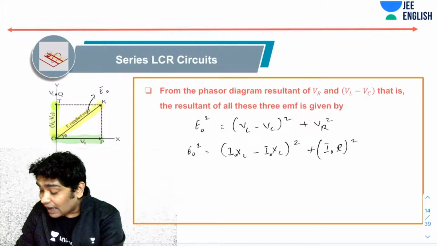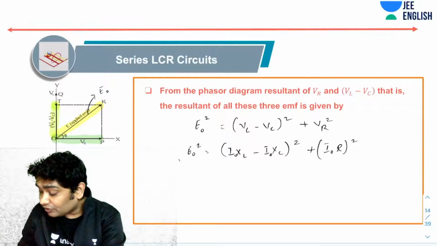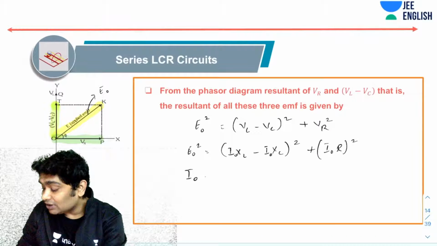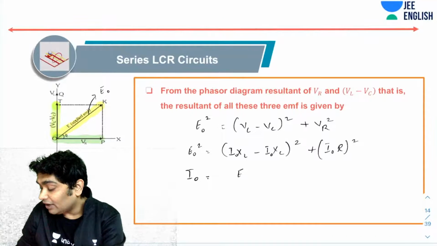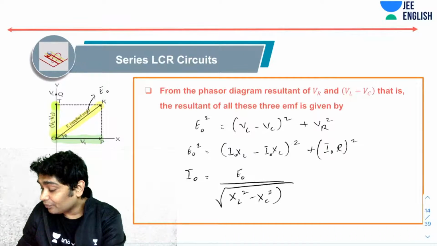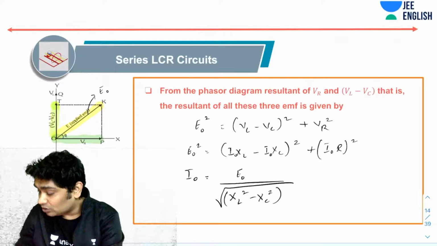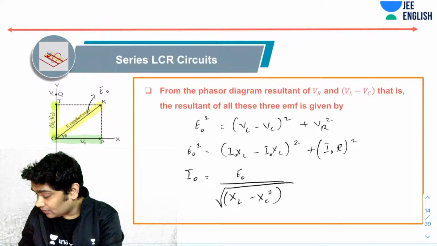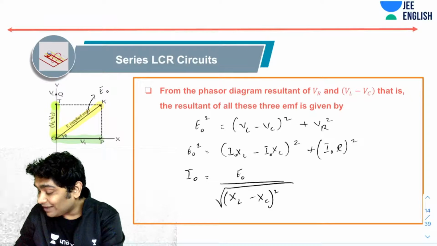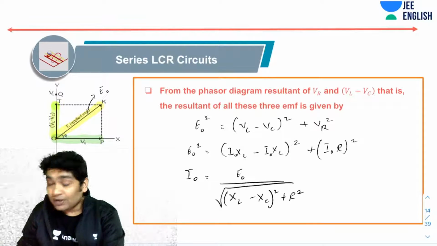So what you see is that I naught, the value of the peak current through the circuit, can be found out, which would in fact be E naught over the root of (XL minus XC) whole square plus R square. This is the value of the peak current.